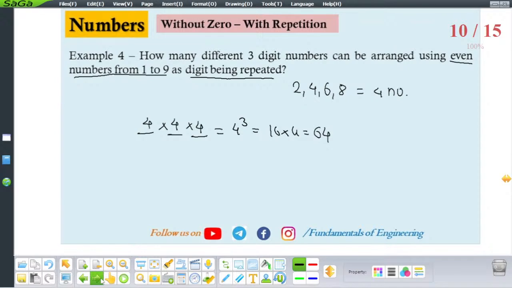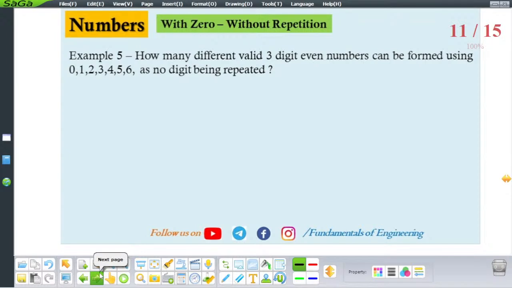If no, we can go forward to our next point, that we have to arrange numbers containing 0 but without repetition. So 0 will be there, but we can't repeat the digits. For example, how many different valid 3-digit even numbers can be formed using the digits 0, 1, 2, 3, 4, 5, 6 with no digit being repeated?